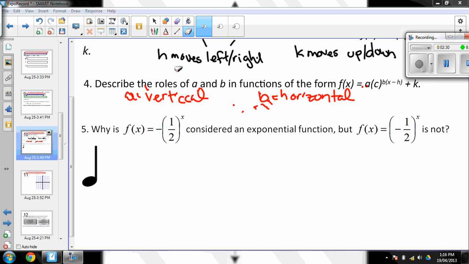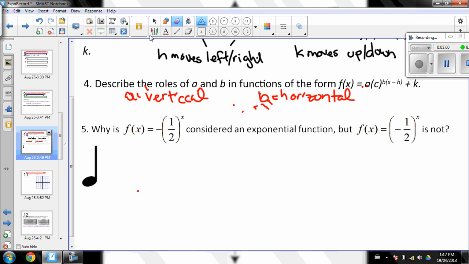Okay, so now we're going to look at our two basic functions here. So f of x equals negative (1/2) to the power of x, with the negative outside the bracket, is considered an exponential function, but f of x equals (negative 1/2) to the power of x is not. So this is not an exponential function because your base is negative. This, however, is an exponential function with simply a reflection.